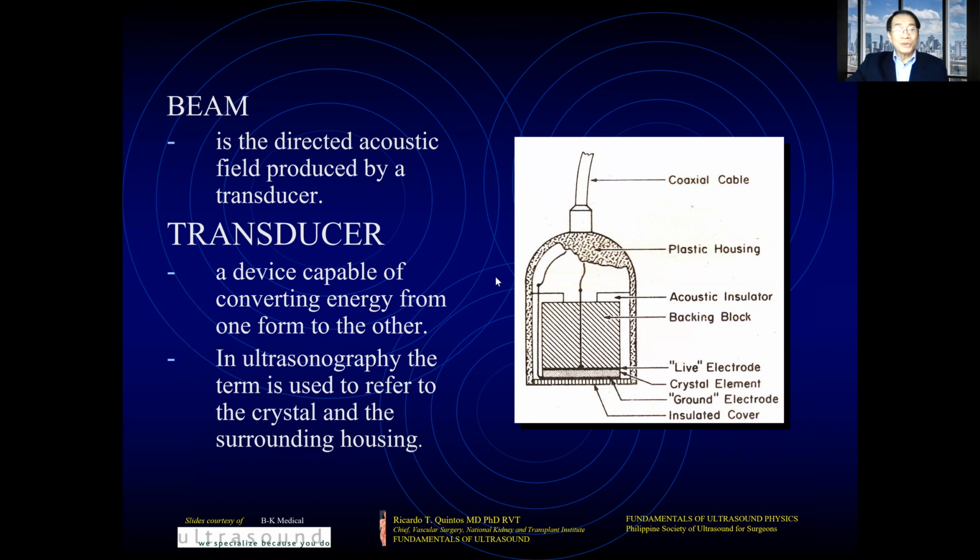So basic transducer theory is that the transducer produces a beam which directs the acoustic energy produced by a transducer. This transducer is a device capable of converting energy from one form to the other. In this case, electrical energy to mechanical energy, and vice versa.